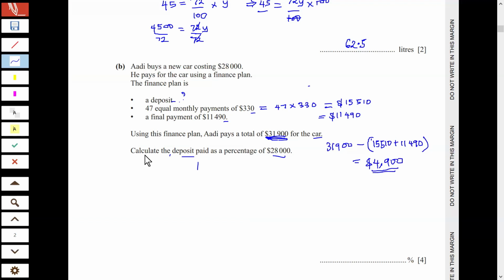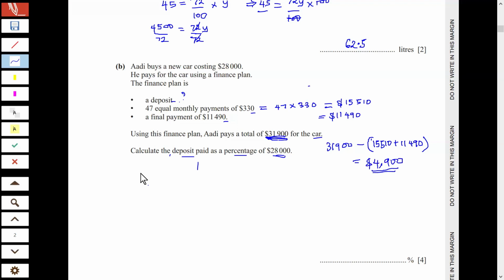Now the question is not complete yet. We need to calculate the deposit paid as a percentage of $28,000. That would be the deposit over $28,000 times 100.